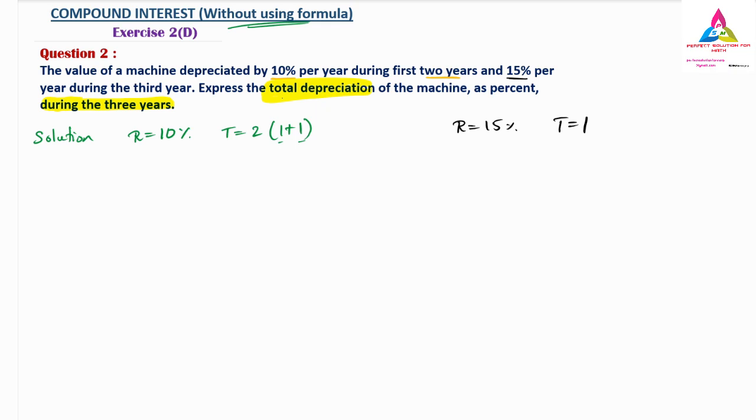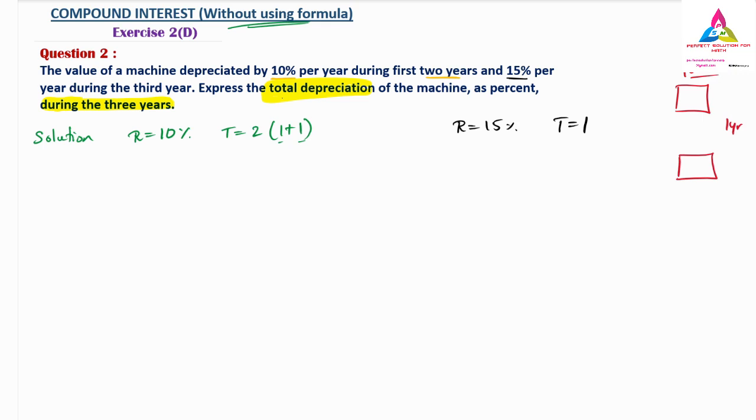If you understood the question, no problem at all. One more important thing: depreciation of the machine. Any item you have taken, such as a machine, keeps on decreasing in value. For example, if you bought a machine this year for 1000 rupees, then after 1 year of use, if you want to sell the same machine, it will not remain 1000 only.